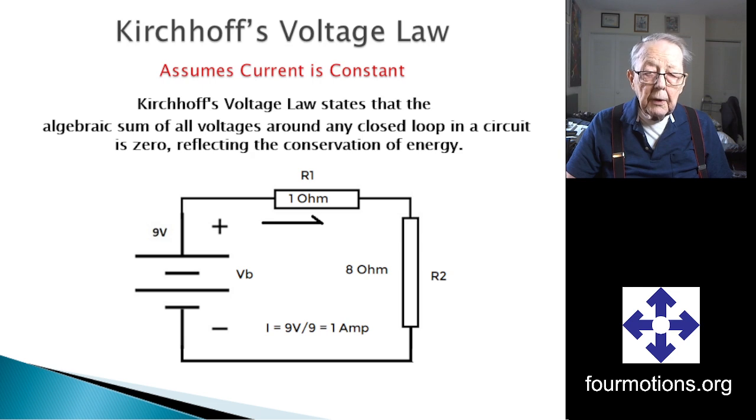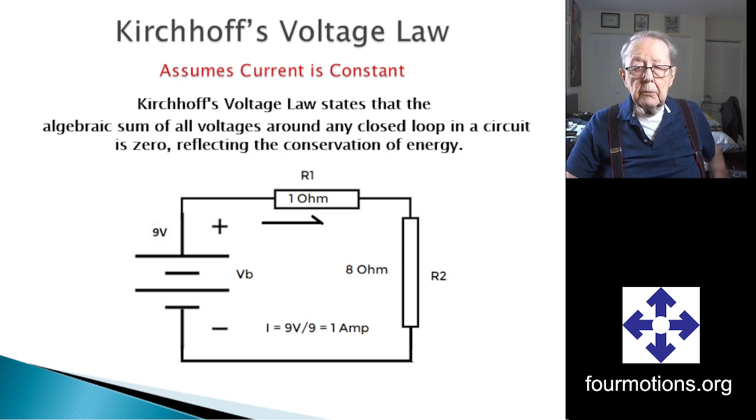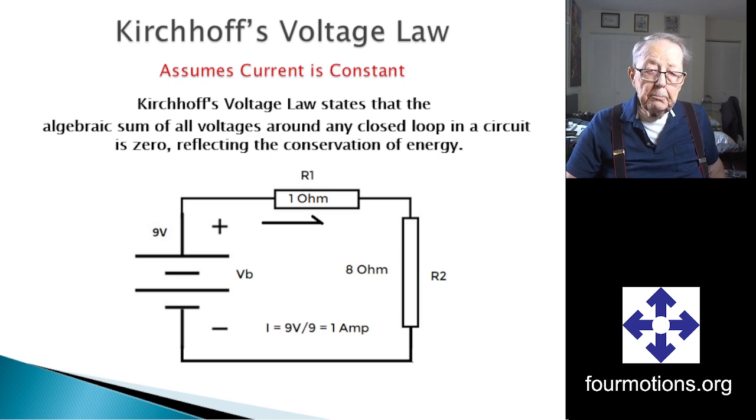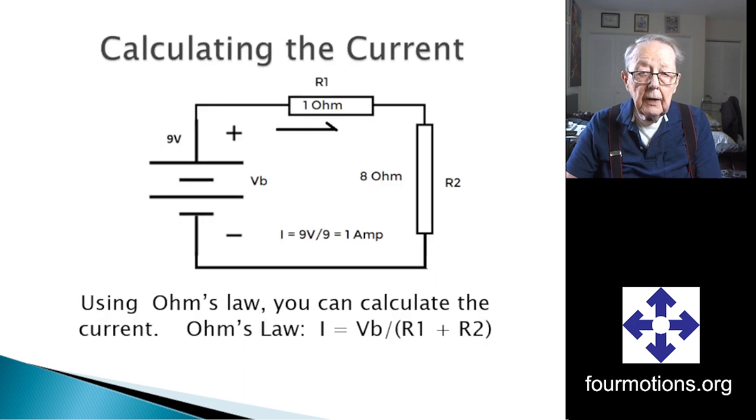So in the circuit below, you have a battery with 9 volts, and you get a 1 amp current caused by the 9 ohm resistances, and so you get 9 volts across the battery, 8 volts across the 8 ohm resistor, and 1 volt across the 1 ohm. You have battery gain, resistors lose, and you have a balanced circuit.